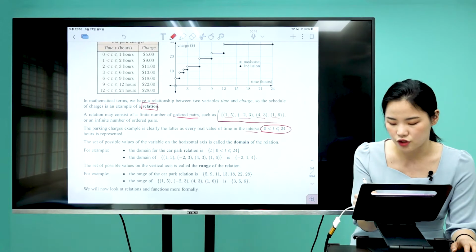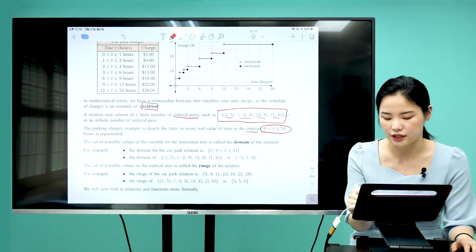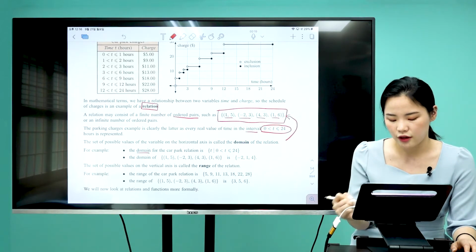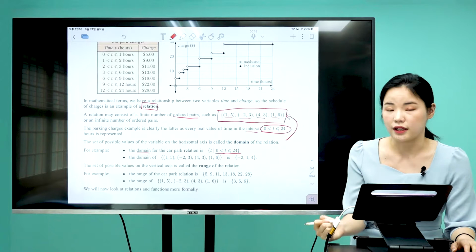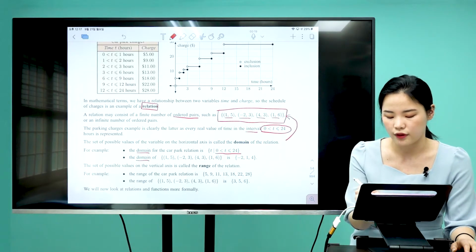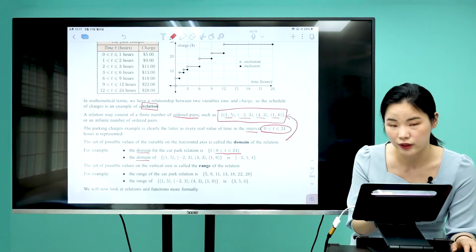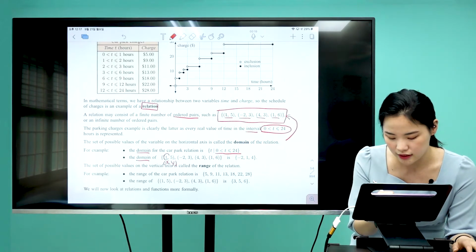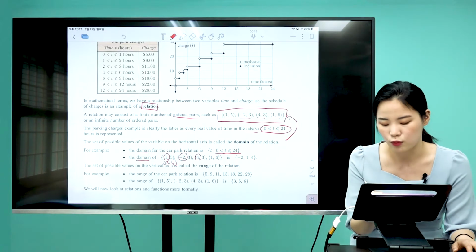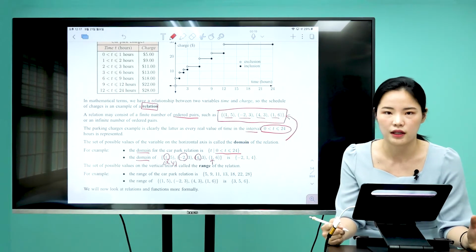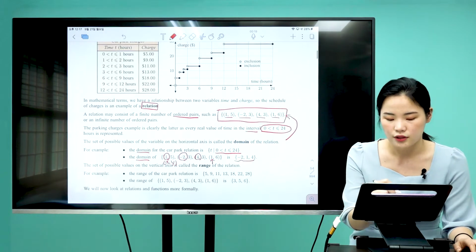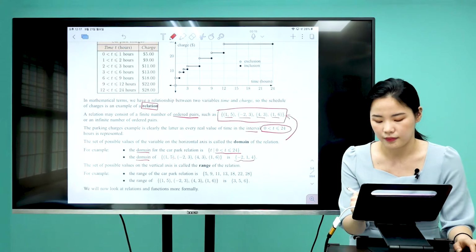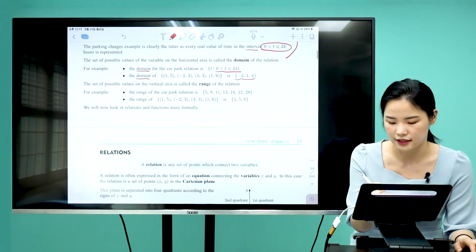If we draw this example to explain domain and range, the domain of the car park is from 0 to 24 hours, while for the domain of this relation, we know how coordinates work, x to y. The domain of x is 1, -2, 4, and 1 is repeating, so we can omit it. We put the domain in curly brackets, like this.